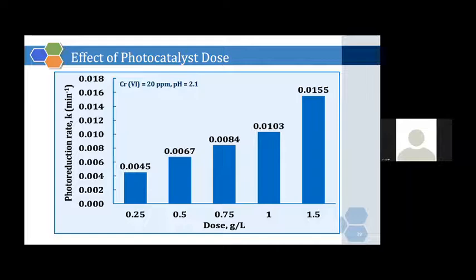This is due to the increase in number of surface active sites and more photocarriers with higher surface area that support more contact between the reactant and the catalyst. Considering the economical point of view, 0.5 gram will be used for another experiment.